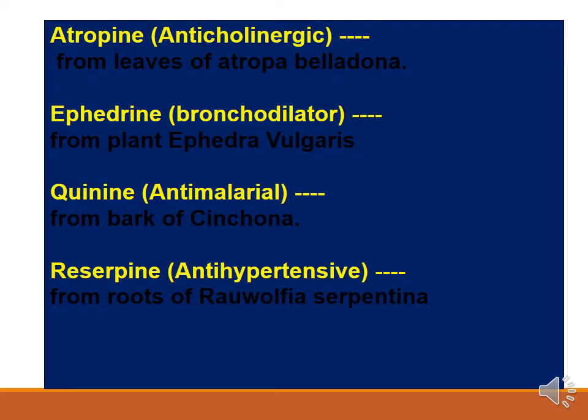Other examples: from the leaves of Atropa belladonna we obtain atropine. From the plant Ephedra vulgaris we obtain ephedrine. It is used as a bronchodilator. Now, in the era of coronavirus, COVID-19, you have seen the use of the anti-malarial drug hydroxychloroquine as an anti-COVID drug.